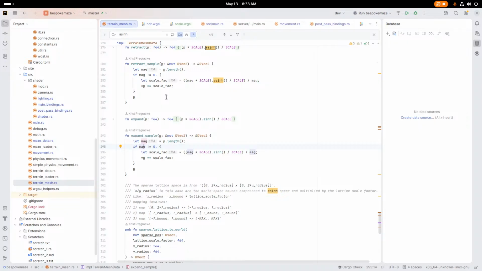So it's going to be the sinh of that, divided by s times the square root of x squared plus y squared, and then that's going to be times the vector xy.